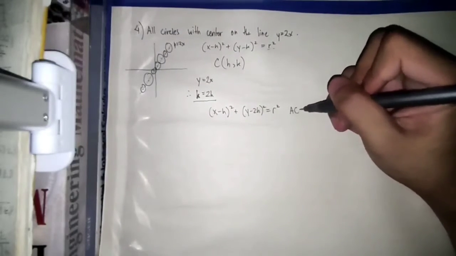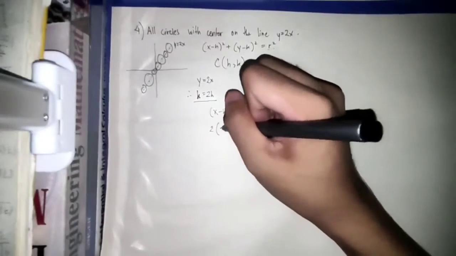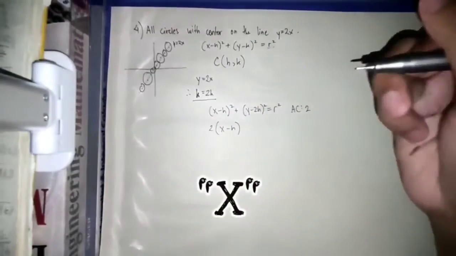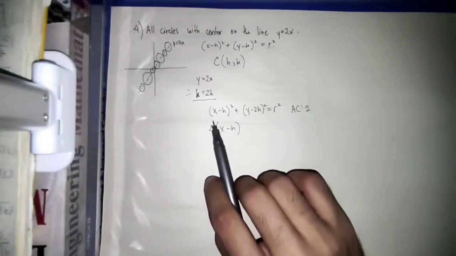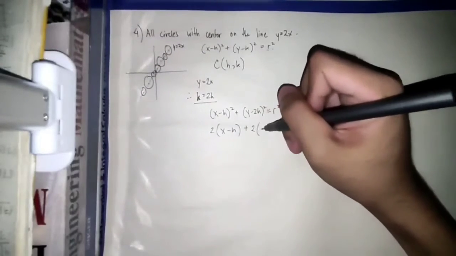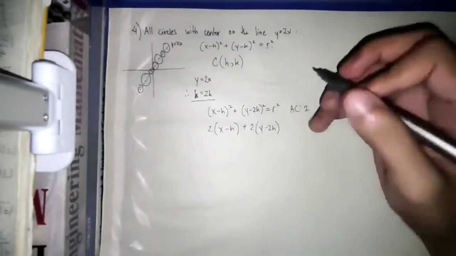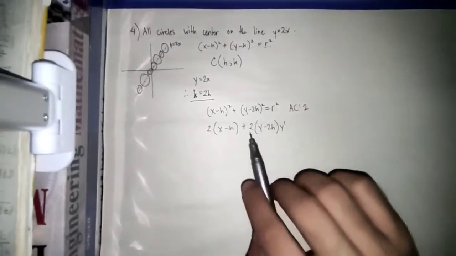By counting the arbitrary constants, we get 2, which means that we should perform differentiation 2 times for this equation. So let's find the first derivative. 2(x - h), the derivative of x is 1, and the derivative of h is 0, plus 2(y - 2h), the derivative of y is y', and the derivative of 2h is 0.